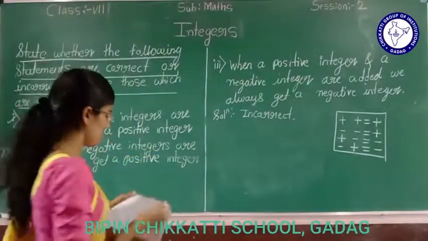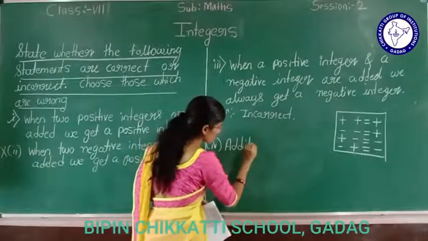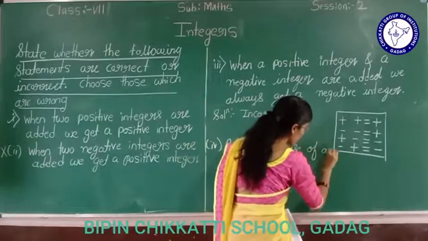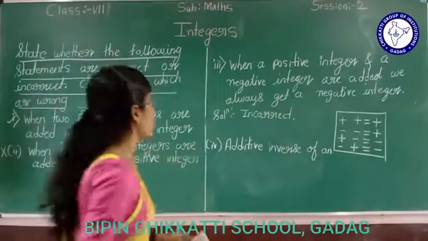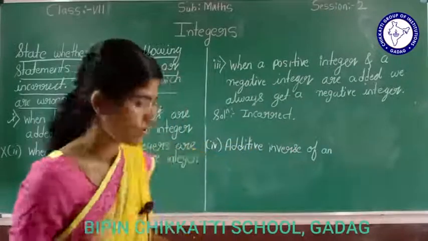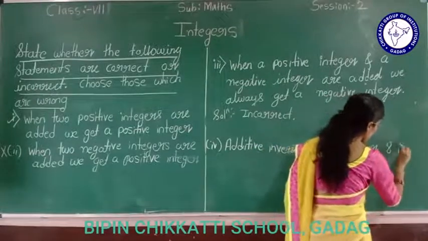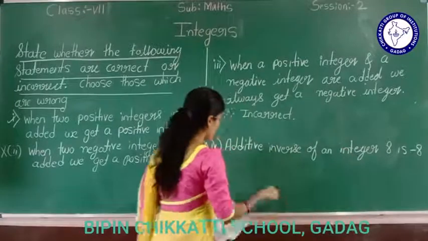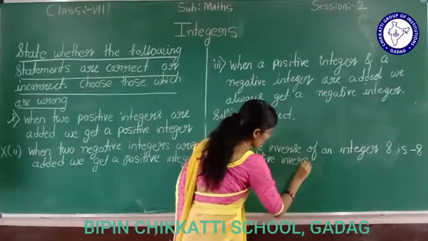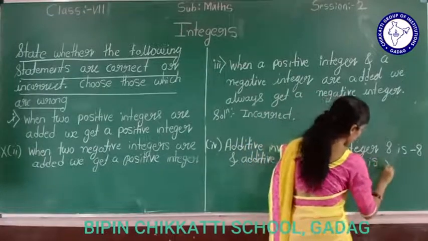Now say the first, the fourth question in your textbook: the additive inverse of an integer 8 is minus 8, and the additive inverse of minus 8 is 8.